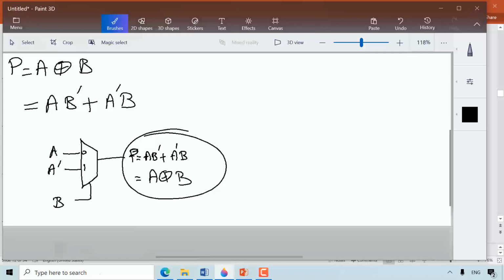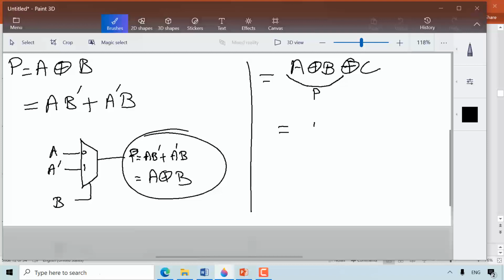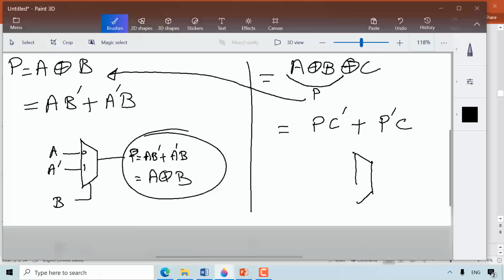So now I can also implement A exclusive OR B exclusive OR C. Notice that here I can assume this is one function, let's just assume this is P now. So this is equal to P C prime or P prime C. Notice that the P I already derived here, right? And in this case, I could use the P as a select for this mux, and here is C and C prime, and this is the value of the sum.